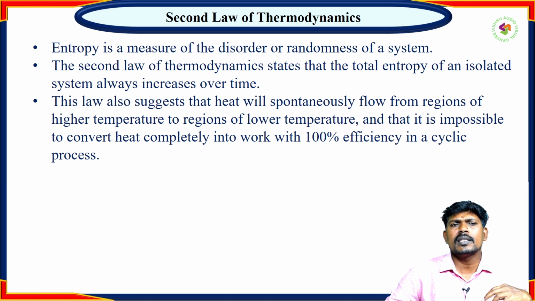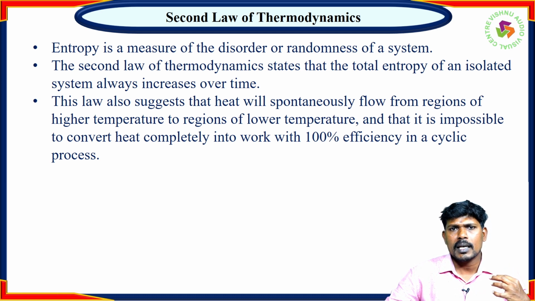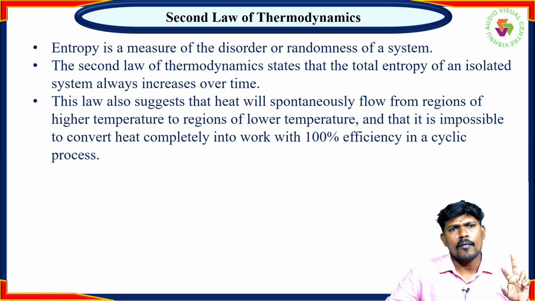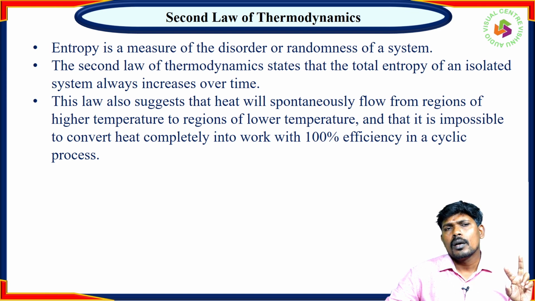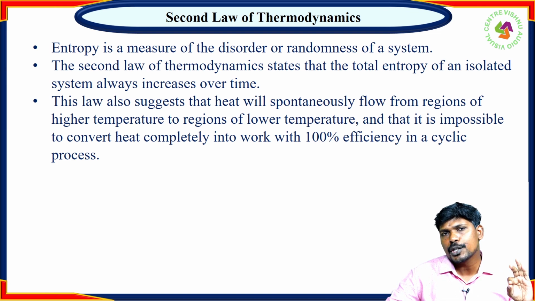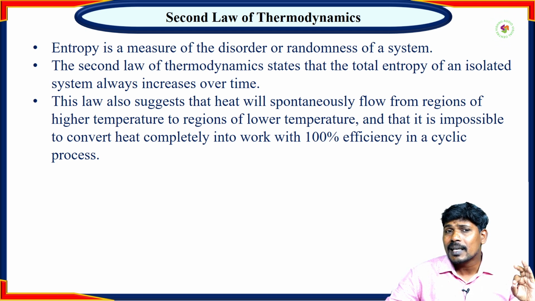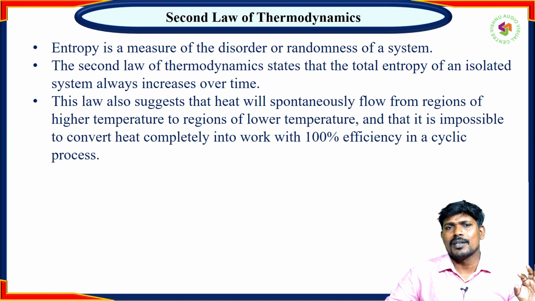In other words, they can be explained like this also: no device is available to transfer heat from low temperature to high temperature. The second postulate is no process is available that can convert heat energy into 100% work energy.